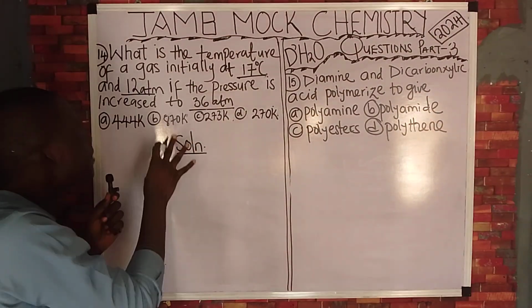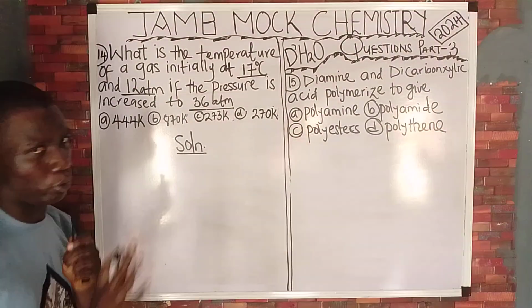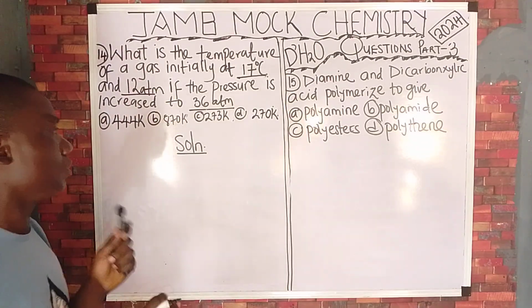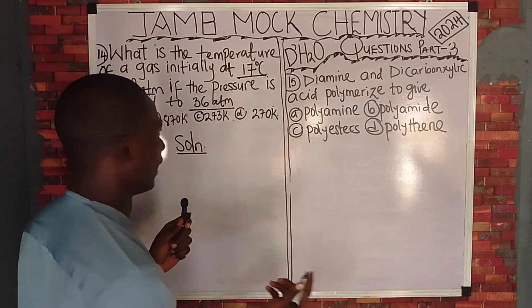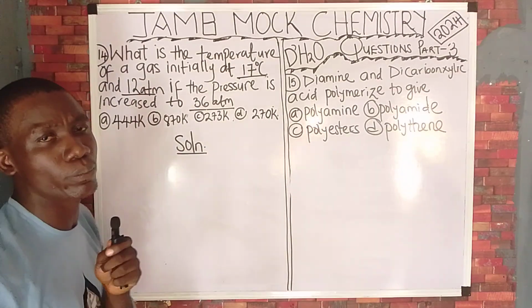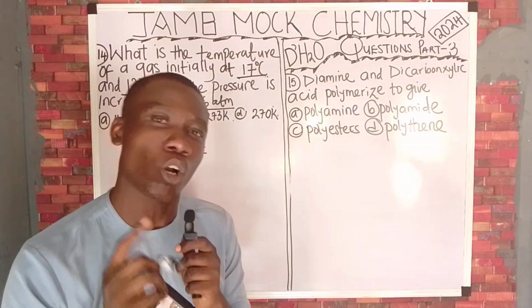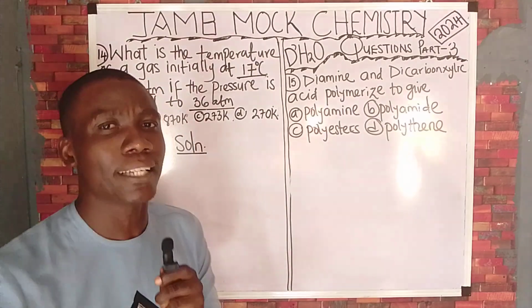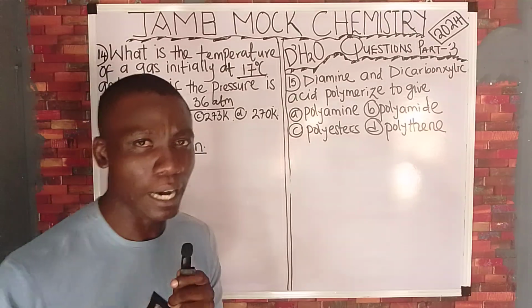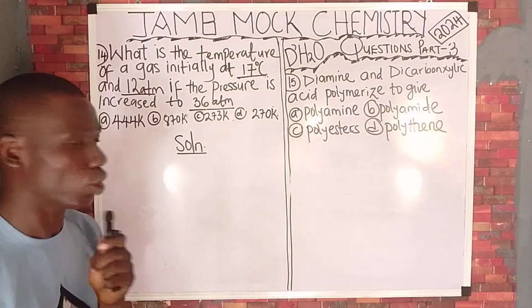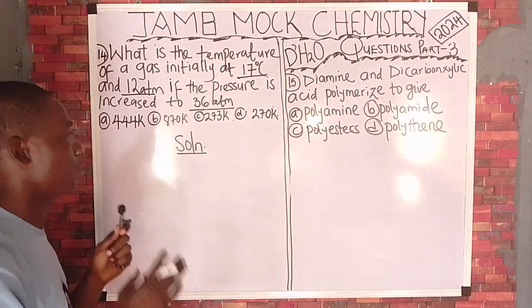Now, if you look at this question very well, you will have to first look for the law that is based on temperature and pressure only. This is one of the 9 laws of gases, which is basically called the pressure law or Amontons' law. According to the pressure law, the pressure applied by a gas is directly proportional to the temperature of the gas as long as the volume remains constant.